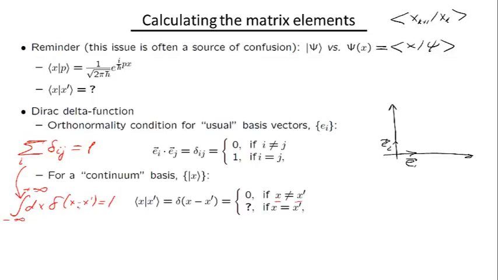Therefore, if we try to visualize this delta function, it's something which is equal to 0 everywhere. This is our delta of x, and this is x. So we have something which is equal to 0 everywhere, apart from just one single point where this function is so large, it has such a huge peak, that the integral collected from this single peak gives us a finite result.